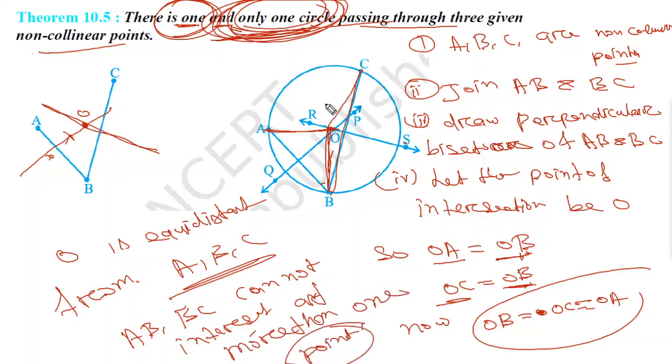So there more than one circle cannot be drawn. Okay. So therefore one and only one circle can be drawn through 3 non-collinear points. Okay. So in this way we can justify our statement.